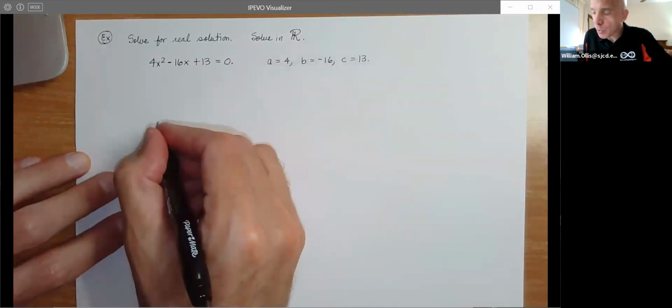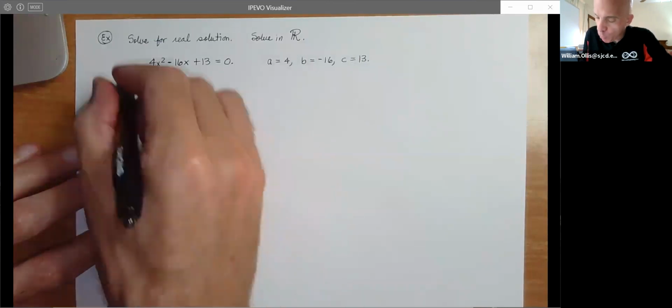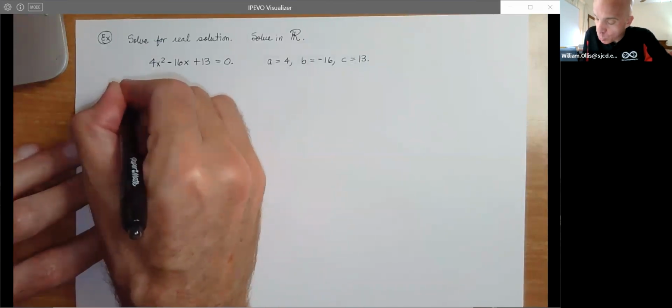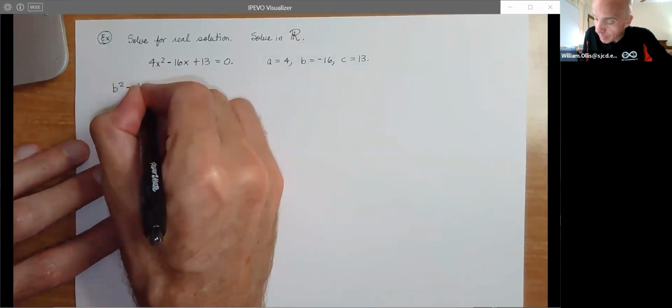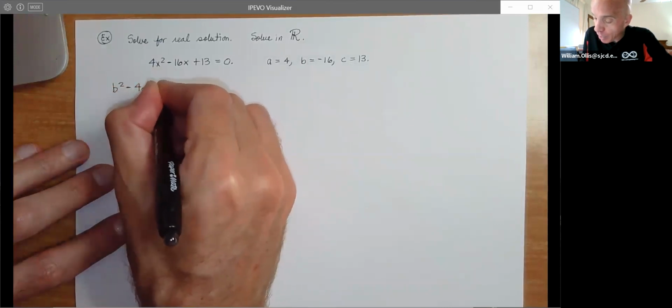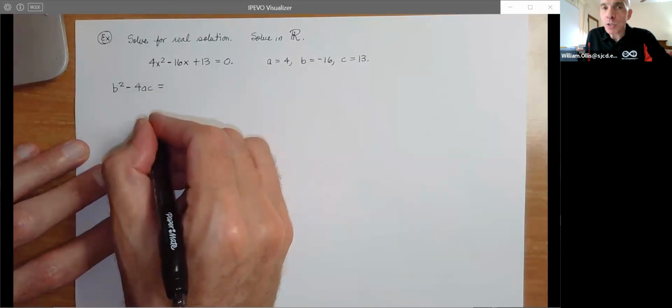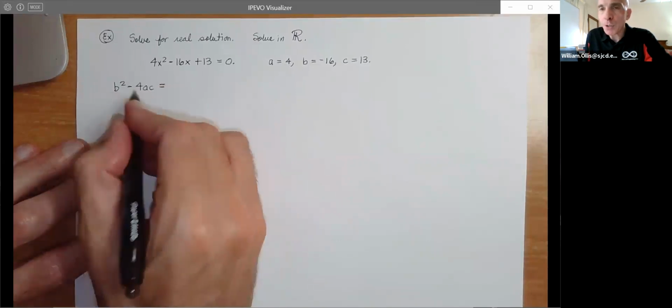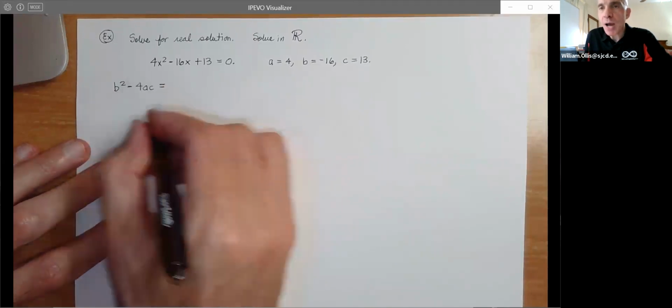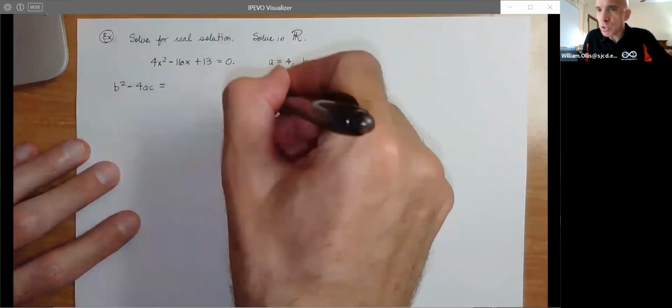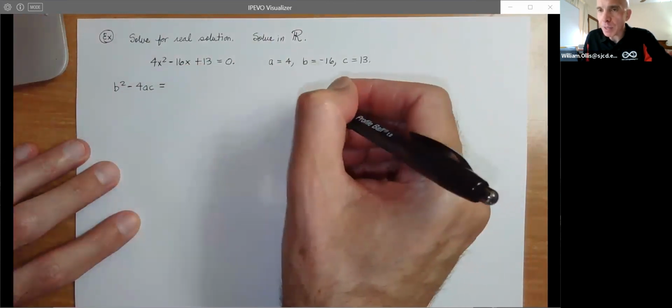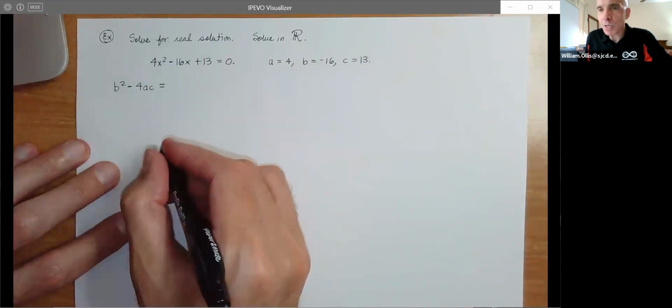So the idea here is if we're going to use the quadratic formula, the first thing we're always going to compute is the discriminant. And I want to say this again, and I'll repeat myself. When you use the quadratic formula, compute the discriminant first. Do not substitute all the numbers into the formula and then try to manipulate the arithmetic.